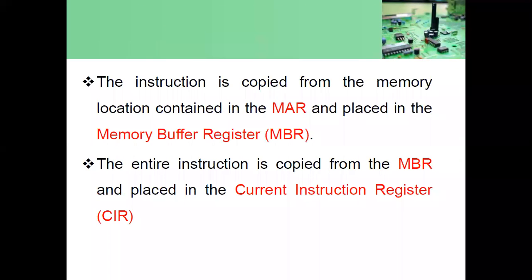So first it comes to the PC, the PC puts the data into the MAR, and the MAR puts the data into the MBR. The entire instruction is copied from the MBR and placed into the current instruction register. Like this, all these registers are working, and the process works.